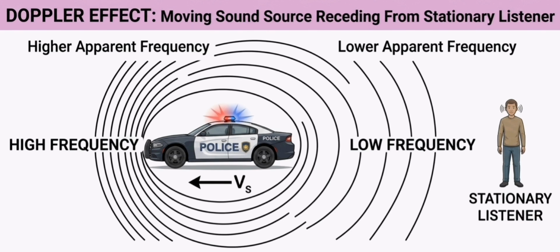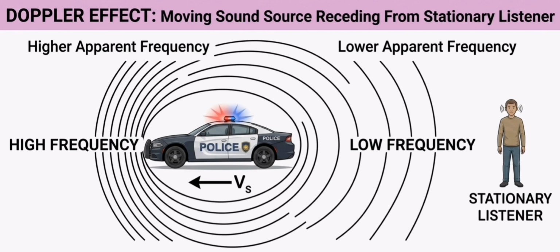So the sound waves behind the sound source are further apart or are reflected. Then that means the wavelength is going to be longer. This is because the sound source is moving away. Then what we can deduce from that is that the wavelength is increasing and the frequency of the sound detected by the listener is going to decrease. I hope that makes sense.